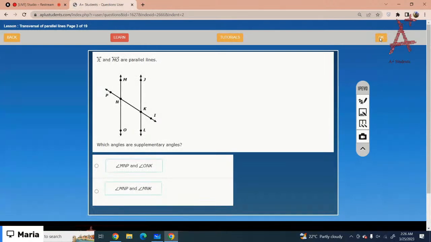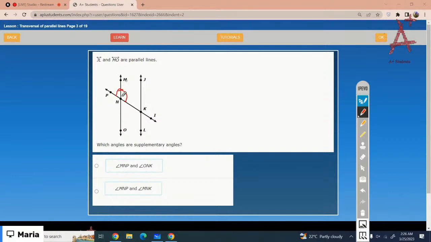Okay, JL and MO are parallel lines. Which angles are supplementary? Supplementary angles are the angles that sum to 180 degrees. Got it? So MNP, this one, and MNK.